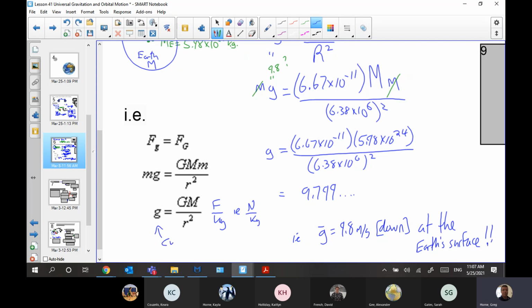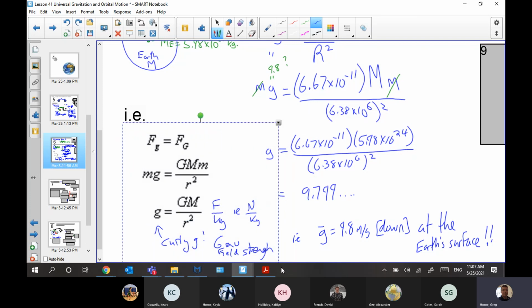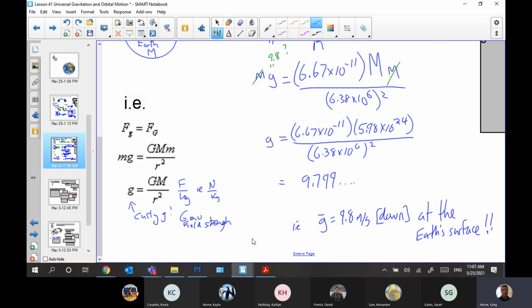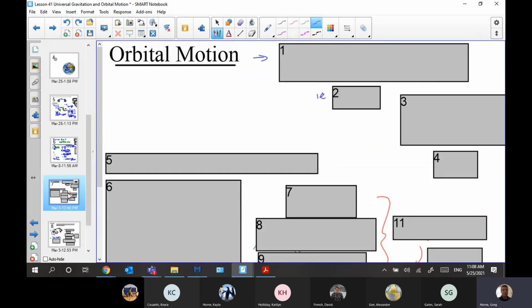This should be written as a curly g, I guess. Gravitational field strength. I don't really refer to it quite that way, but I think it's healthy to recognize the equivalence to that curly E stuff that we've seen before. Anyway, that's 9.8. That's where it comes from.